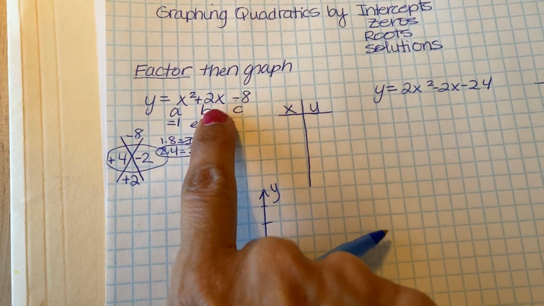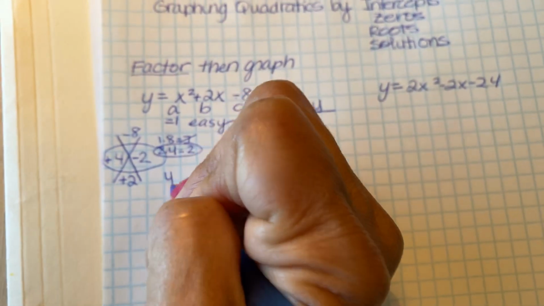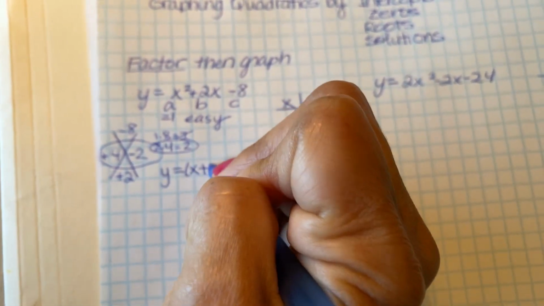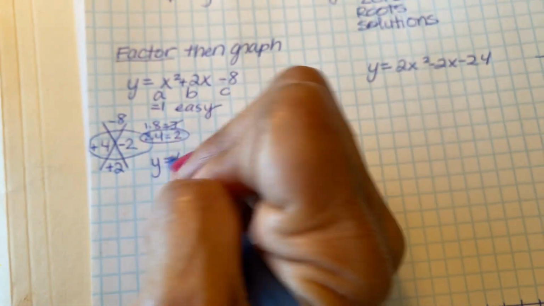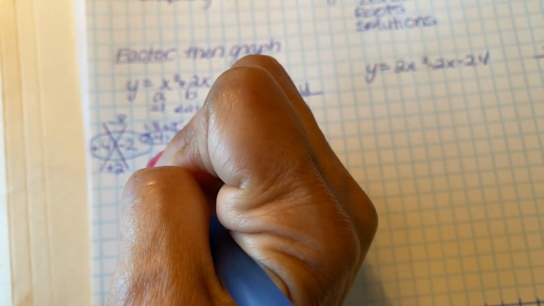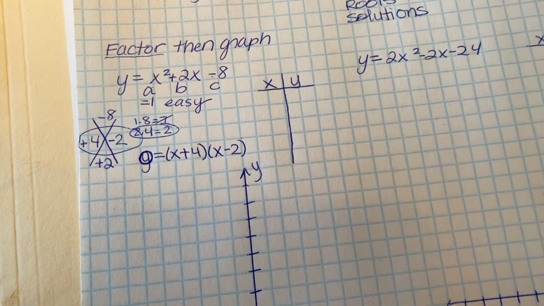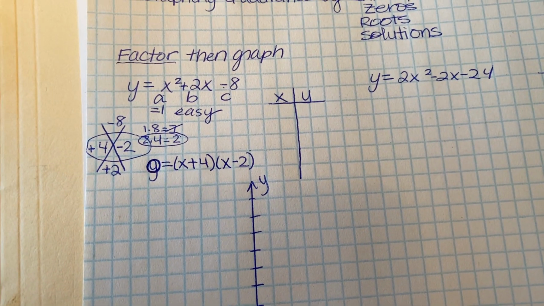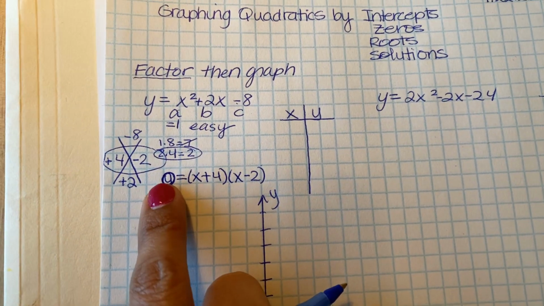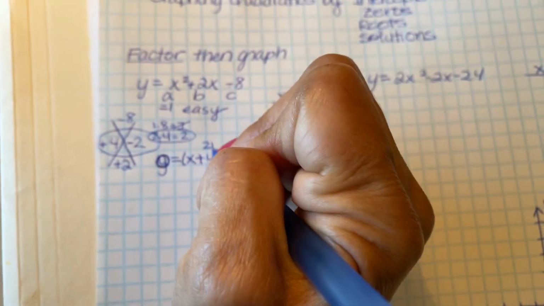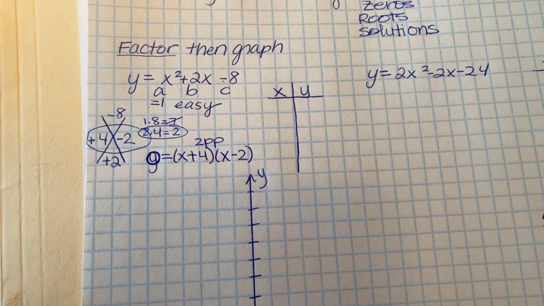So if I asked you to factor this quadratic, you would give me y is equal to x plus 4, x minus 2, right? But because we factored here, this is 0, right? Because we factored it. Now I'm going to take the 0 because we're going to perform the zero product property, which is solving.